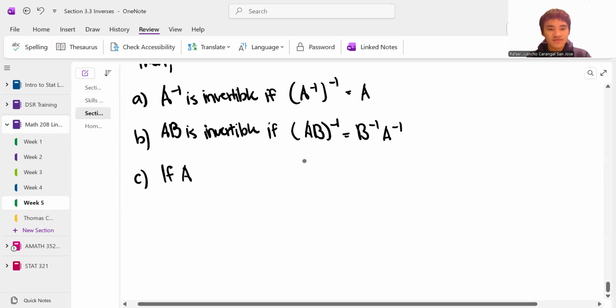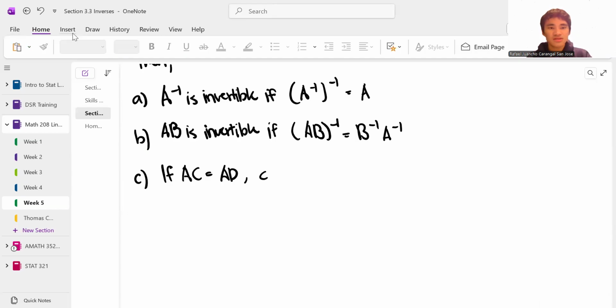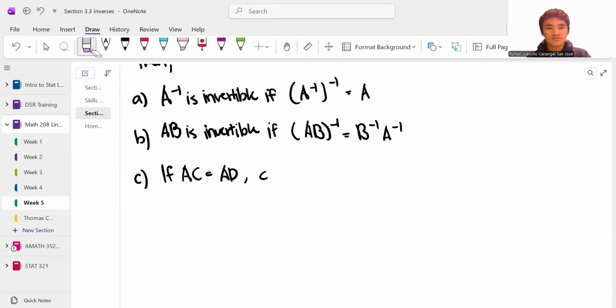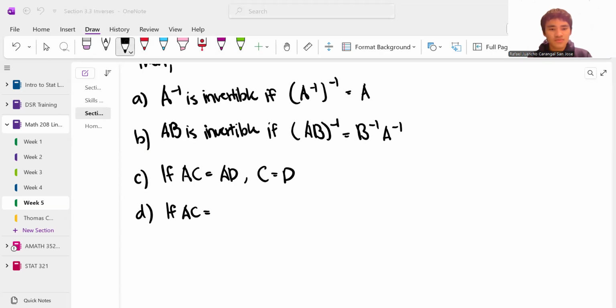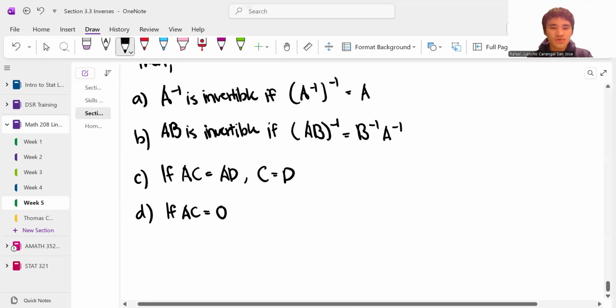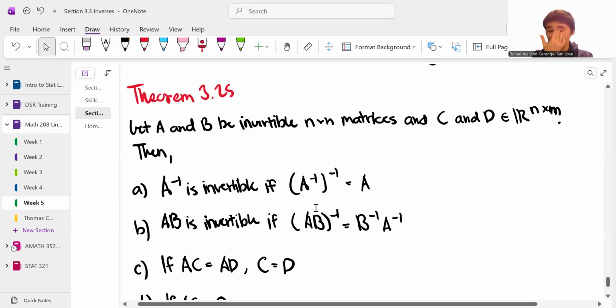And then if we say we have AC is equal to AD, that's the same thing as C equals D. This one's a bit more like something we know. Then lastly, if AC is equal to 0, what happens when we multiply AC?